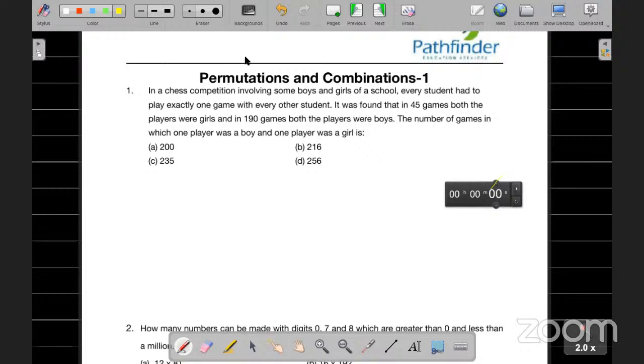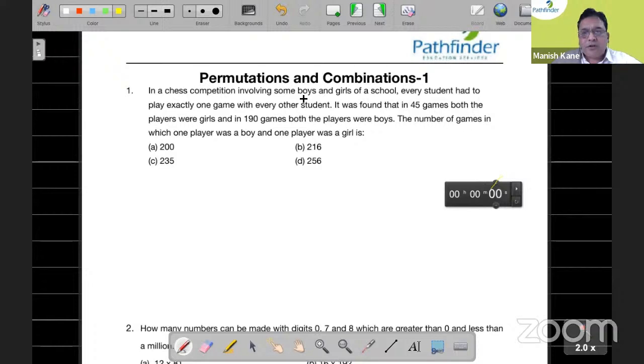Okay, fine. Doesn't matter. See, in a chess competition, some boys and girls of a school, every student had to play exactly one game with every other student. It was found that 45 games were played where both the players were girls. Now see, the first thing that you need to know is if there are n girls and each girl plays with every other girl, then the number of games will be NC2, right?